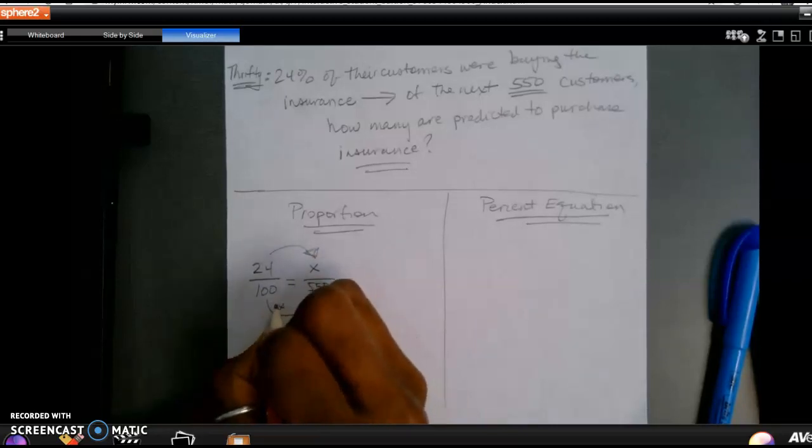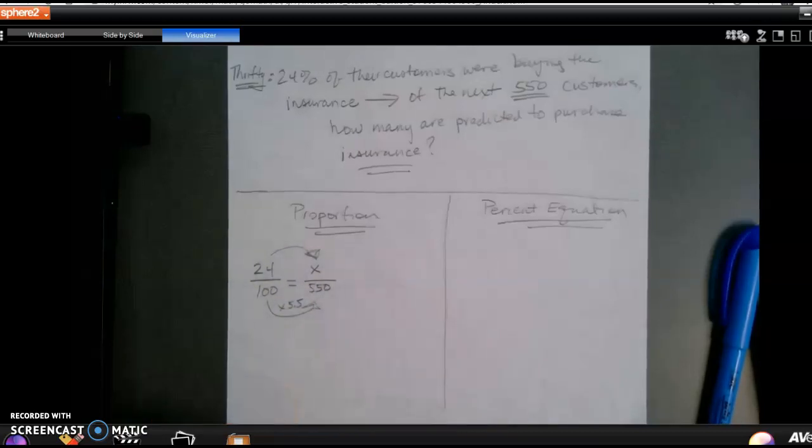I know that that number is being multiplied by 5.5. Okay? Now, when I multiply 24 times 5.5, I'm going to get a certain number. I'm going to give you a moment to actually calculate that. I'm going to stop the tape. When you are done, start it back up.